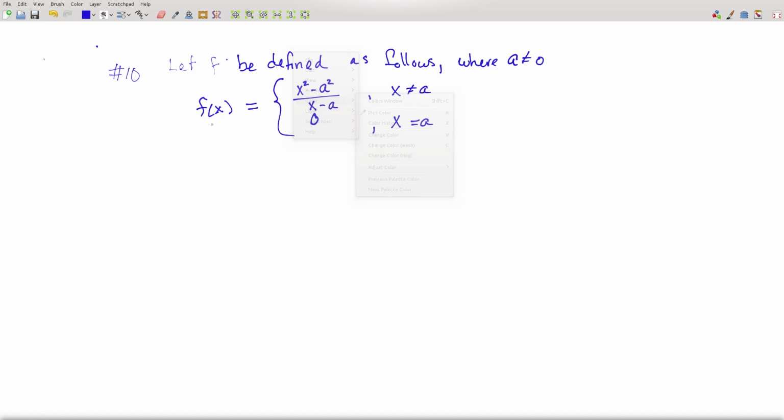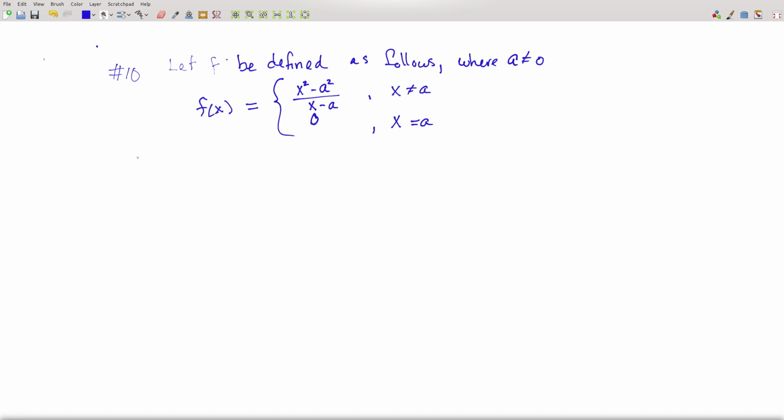So we have two rules for two different situations. The first situation is that it's any value of x other than a. We use this rule. And if x equals a, at that single point where x equals a, then the function just becomes 0.